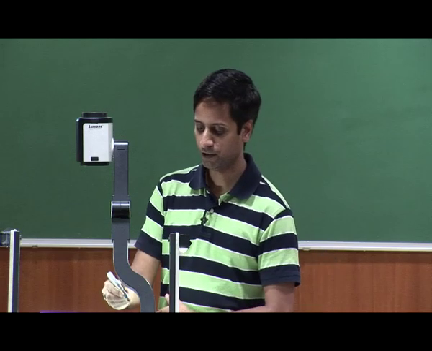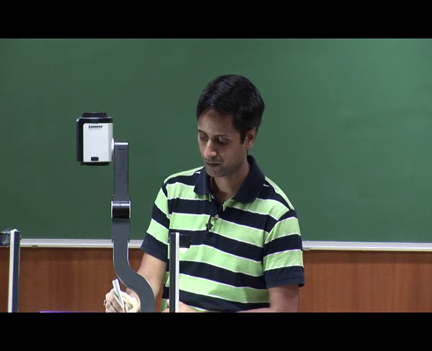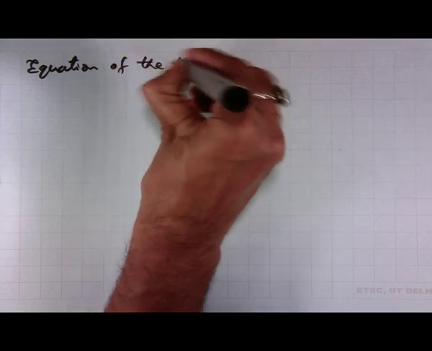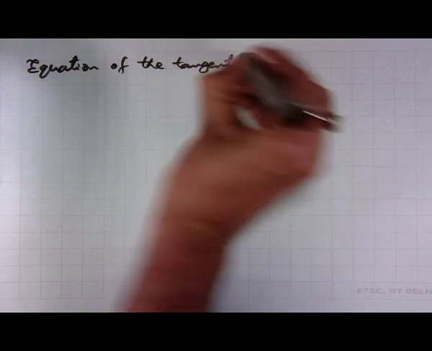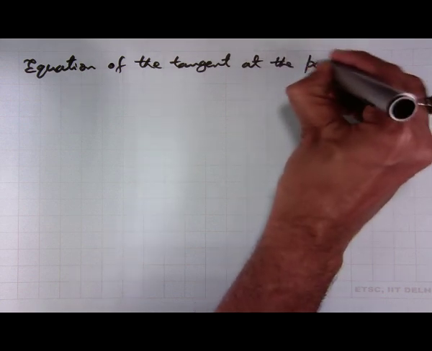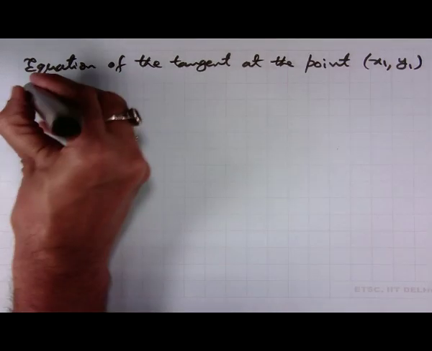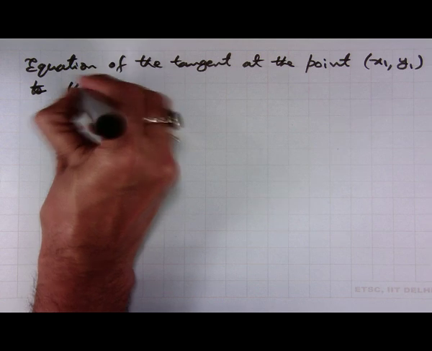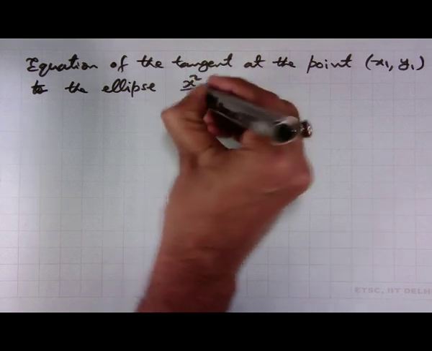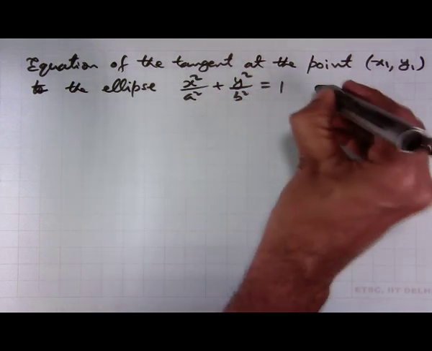So, next we will derive what is the equation of the tangent at the point (x1, y1) to the ellipse x square by a square plus y square by b square equal to 1.